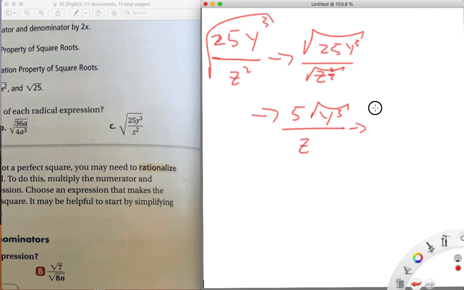So I can say 5 y squared times y to the 1, over z.